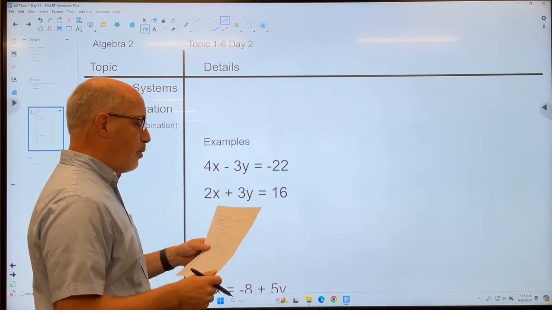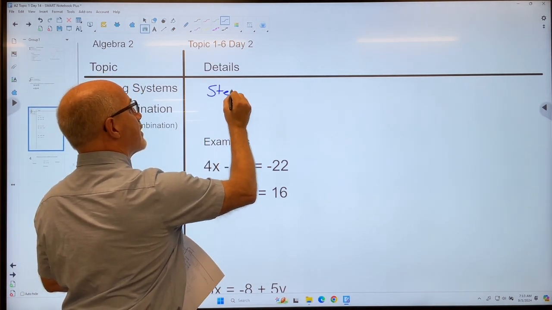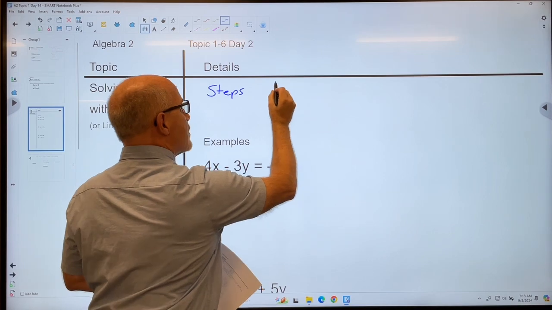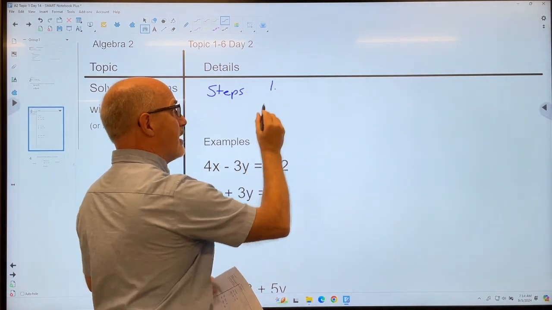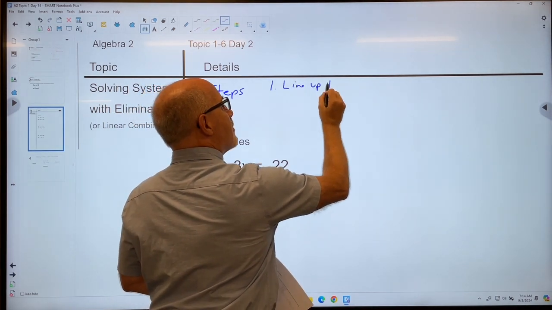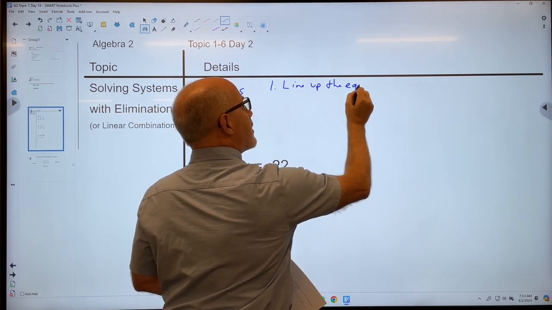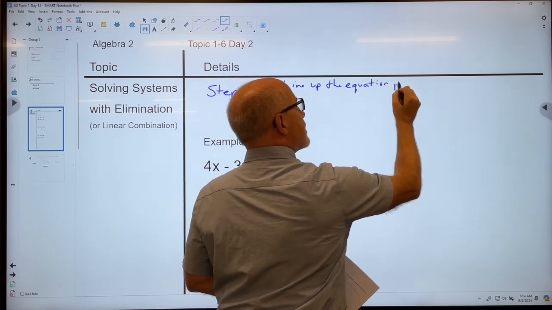So first of all, when we do this, we want to talk about the steps. The first step is to line the equation up properly. So what this means is, let me show you with these different equations.